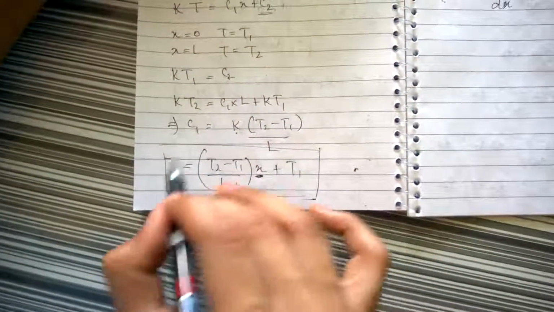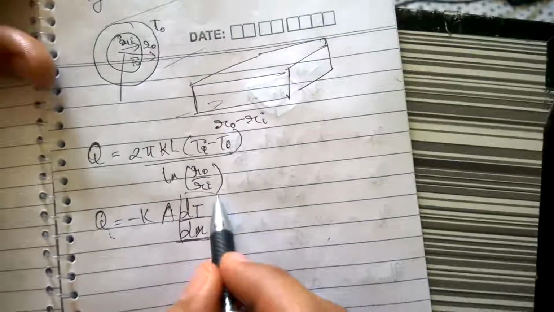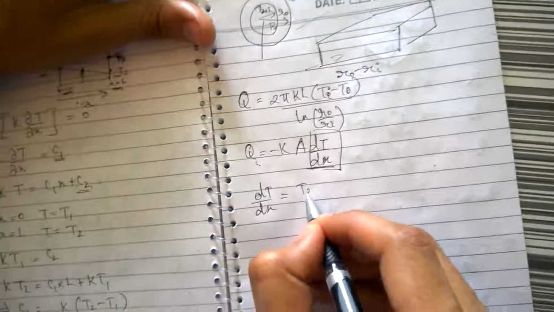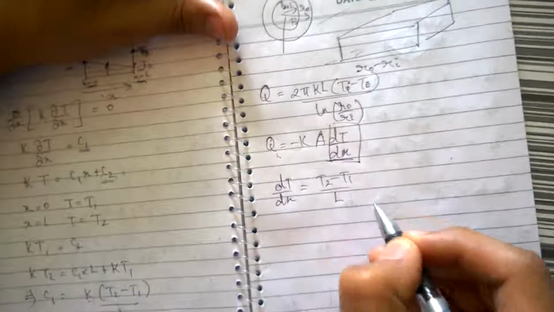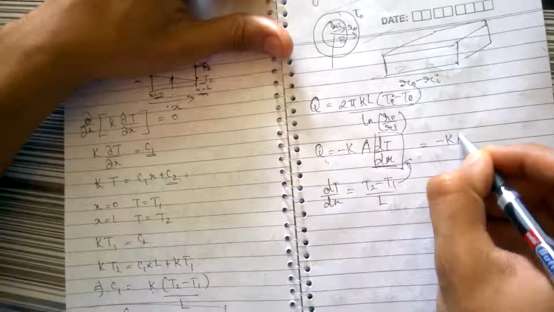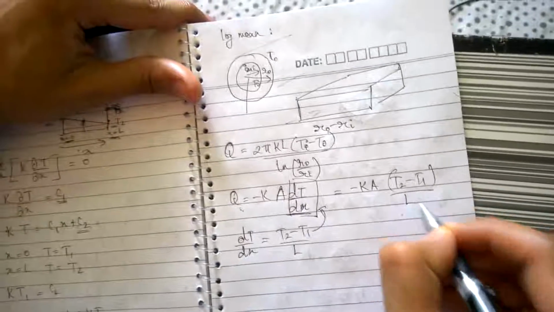We had derived this temperature profile for a wall. Now we do know what dT by dx is because we have T as a function of x. So dT by dx is nothing but T2 minus T1 by L. I'll substitute this back here and get minus KA, T2 minus T1 by L, right?